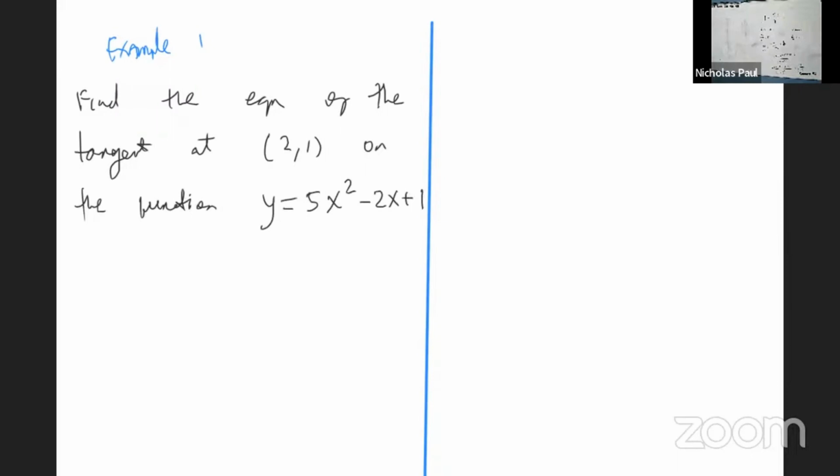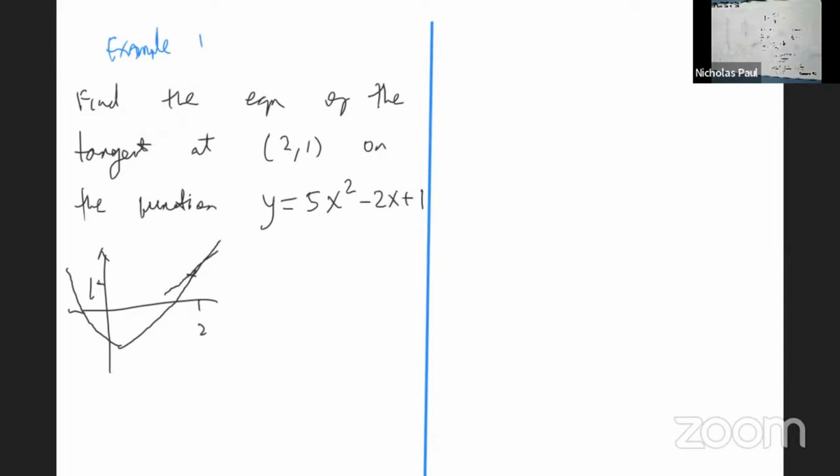I'm just doing a quick sketch. I don't know if the quadratic is right, I'm just making up something. It might look something like that, right? What they're asking for is at a particular point, let's say here's 2, and here's 1. At this particular point here, they would like the tangent at that point.